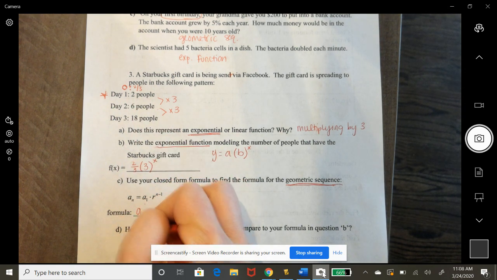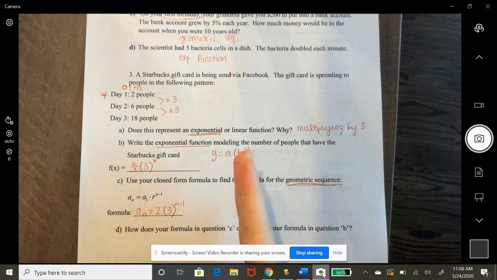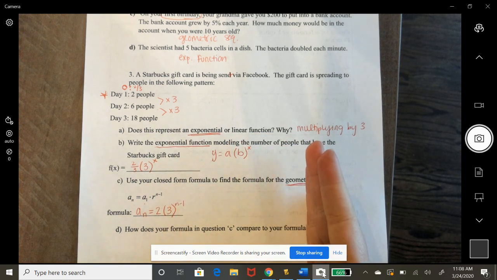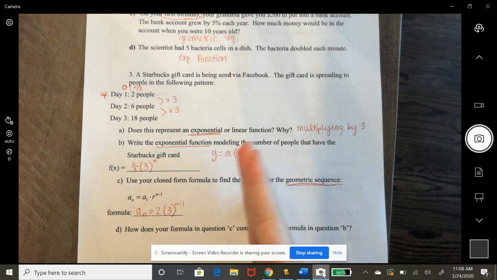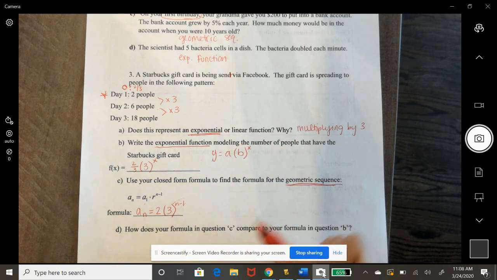It's multiplying by 3 and then raised to the n minus 1. Okay, so this n minus 1 basically allows it to shift from where x equals 0 over to where x equals 1. So kind of think about your transformations. Okay, this shifts your graph over 1 whole unit. So it still is going to match up, but it just changes that starting point.